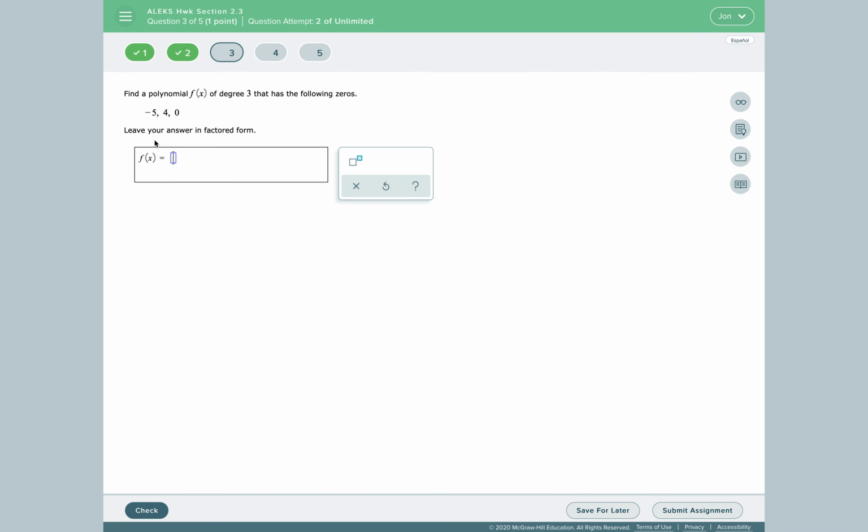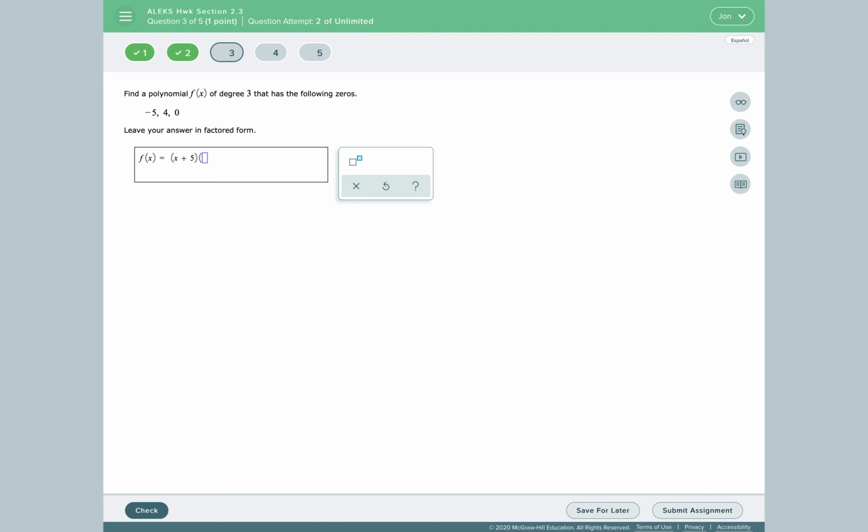Okay, it says here to find a polynomial of 3rd degree that has the following zeros. And it says to leave your answer in factored form. So we're not going to write this in expanded notation, but leaving it in factored form. If I have x equal to negative 5, this will stem from the binomial factor x plus 5.